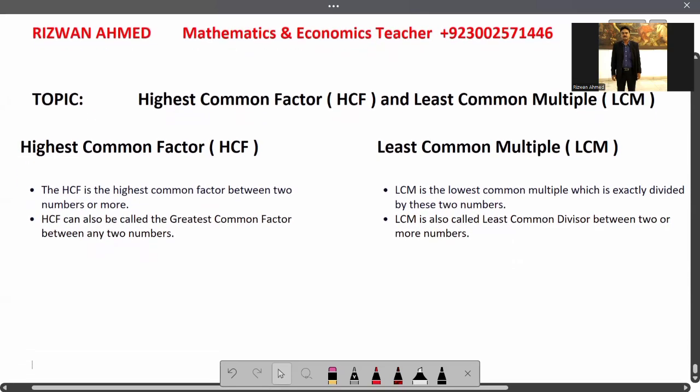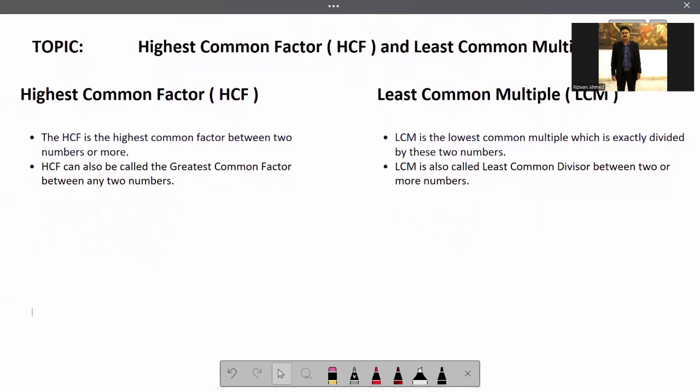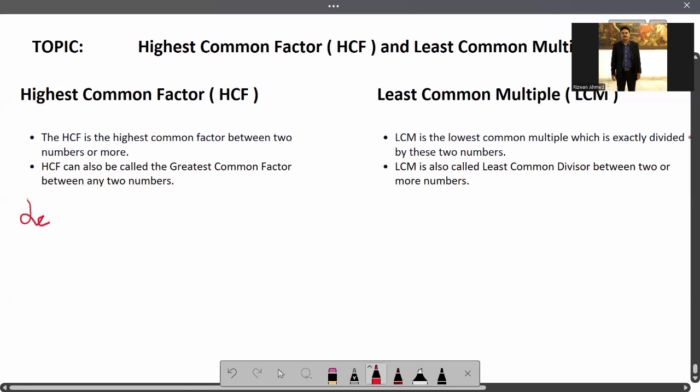Regarding the definitions of these, it is difficult for students to understand the difference between HCF and LCM. Now I'm introducing a formula for it, how you would recognize that this is your HCF or this is your LCM. Let's suppose we have number 1 and number 2.